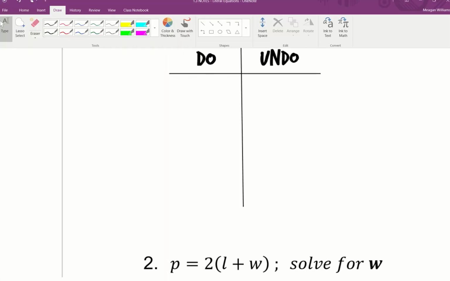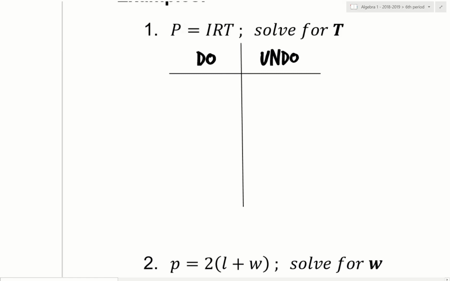Okay, so now let's talk about number 1. And this is the same as number 1 on your homework. Okay, so what am I solving for? T. So what I need everybody to go do is circle T. Starts there.